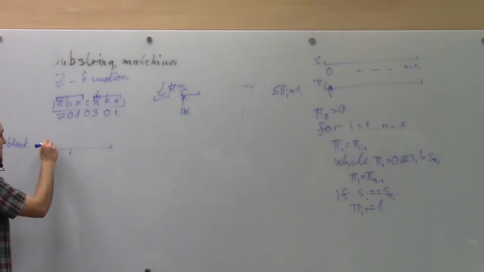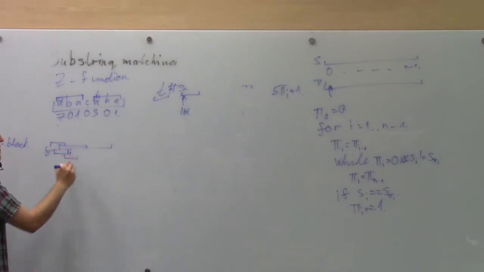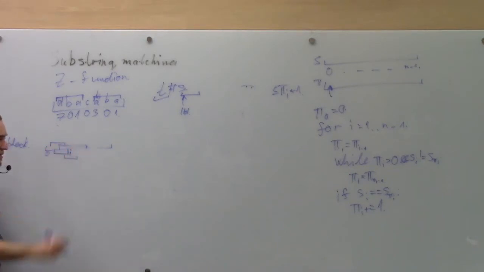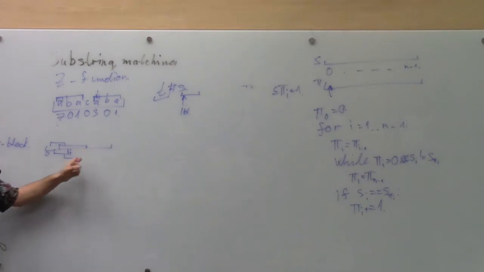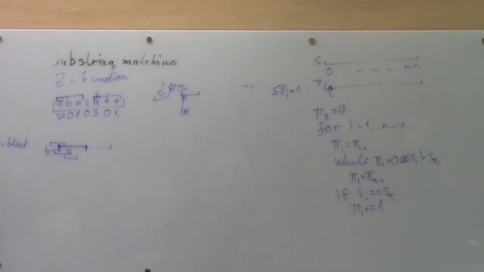But for all the others, we can look for these matches with the prefixes, and some of them are longer, some of them are shorter. The Z block is one of these substrings that has the greatest right endpoint. Out of all of these, we will choose this as the Z block. This is how we define it.